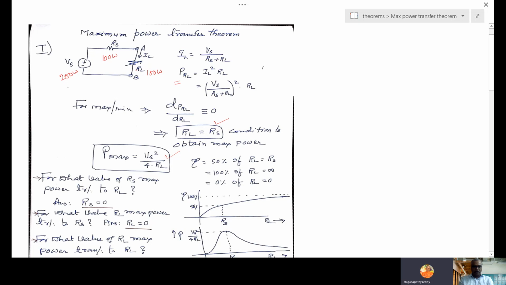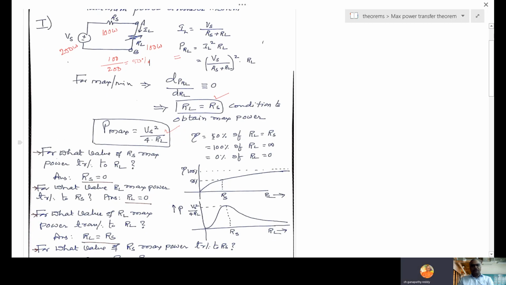Power transferred to RL divided by power supplied. 100 is the dissipation in RL and the supplied is 200. So what is this value? 50%. So efficiency is 50% as long as RL is equal to RS.